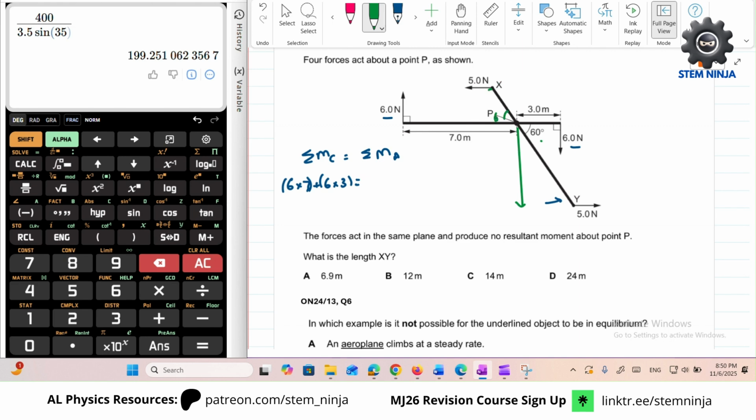This is also going to be 60, and some fraction of xy. There is nothing given over here.